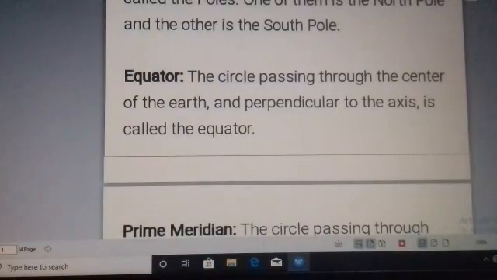We studied in the chapter that the equator is an imaginary line running horizontally around the center of the earth, and it divides the earth into two hemispheres, one the northern hemisphere and the other the southern hemisphere.